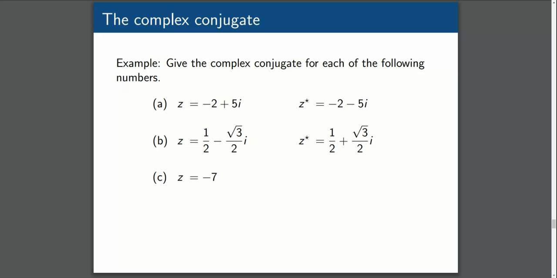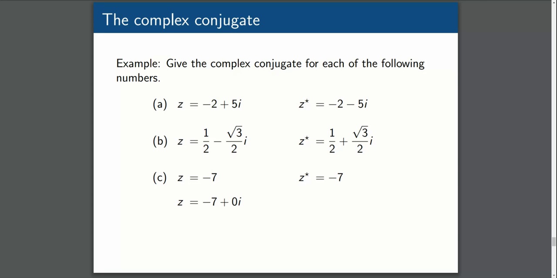Last example. What about the complex number z equals minus 7? It turns out the conjugate here is also minus 7. Do you see why that would be the case? In order to break down the steps, let's rewrite this number. It's minus 7 plus 0i.